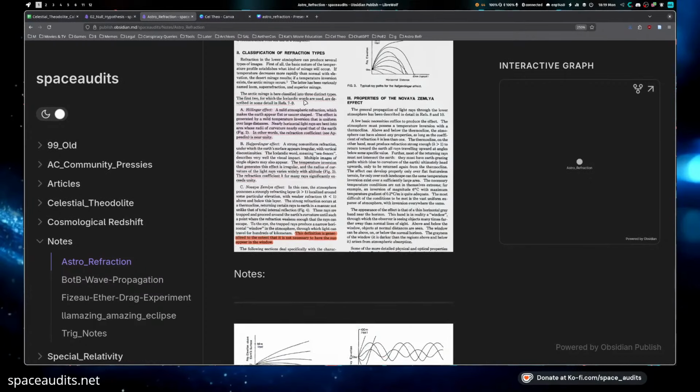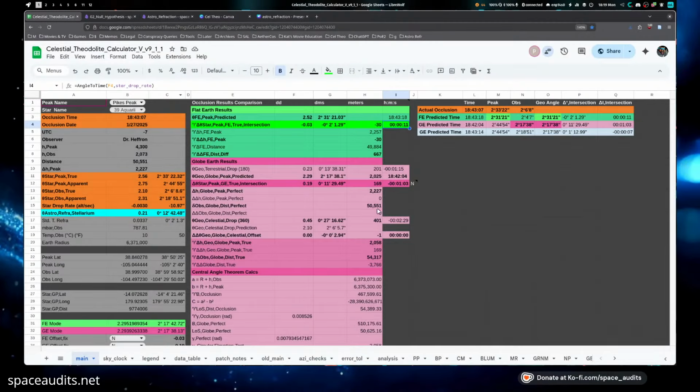So when we get into accounting for astronomical refraction, what I found through my studies is that below 15 degrees in the horizon, it's pretty much a no man's land. No astronomer really wants to touch it. They've got calculative models that curve fit to what is observed, and that's what they call astronomical refraction.